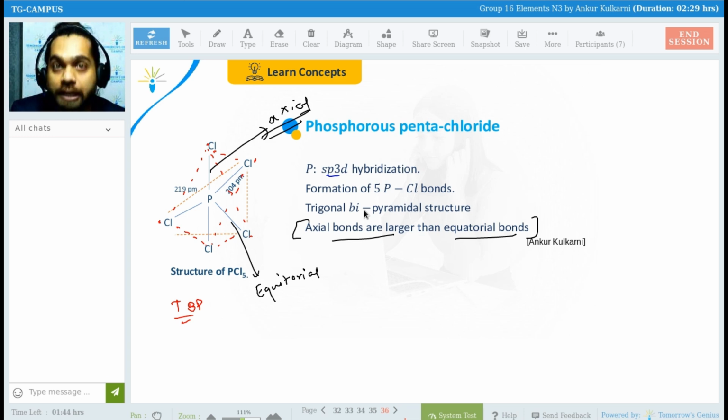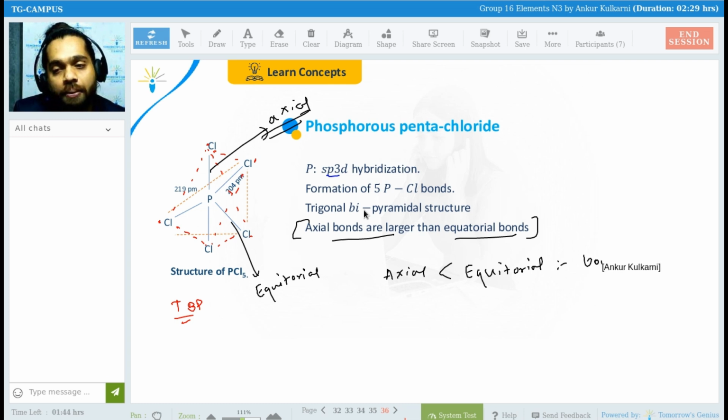Correct, because the longer the bond, the easier it is to break. All of them are single bonds. So axial bonds are less stable than equatorial bonds. Simple.